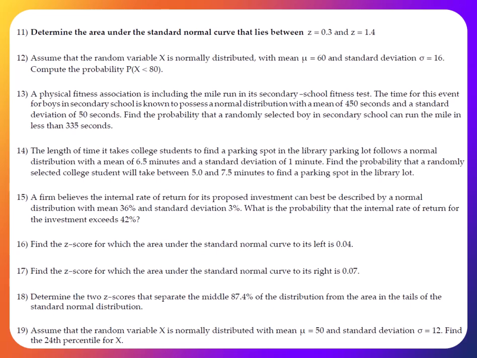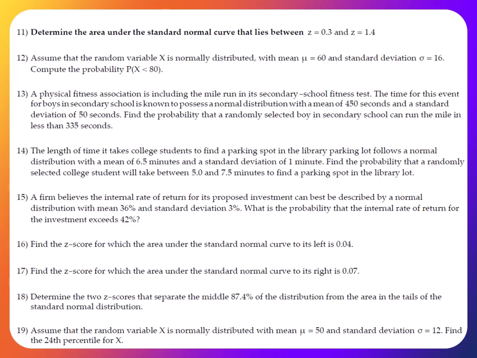All right. Number 13, a physical fitness association is including the mile run in its secondary school fitness. The time for this event for boys in secondary school is known to possess normal distribution, with a mean of 450 and a standard deviation of 50. What's the probability a randomly selected boy can run the mile in less than 335 seconds? Very similar to number 12.